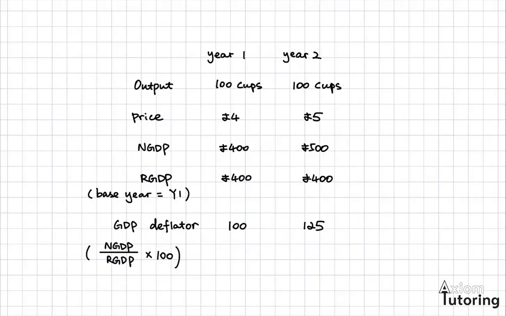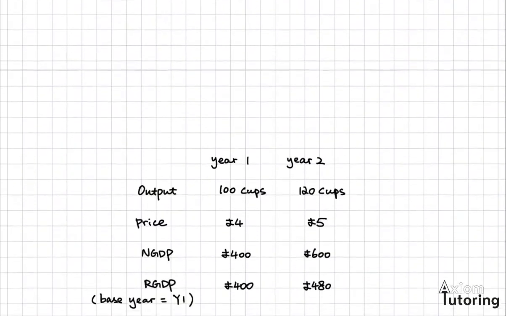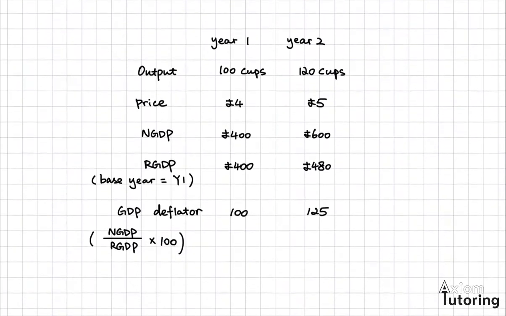Now, what if both output and prices increase? Suppose the economy produces 120 cups of coffee in year 2 at still five pounds each. The nominal GDP is 120 times 5, so 600 pounds as the nominal GDP for year 2. Well, the real GDP values the 120 cups using the base year price, 4 pounds per cup.